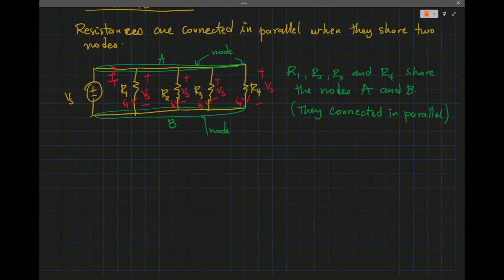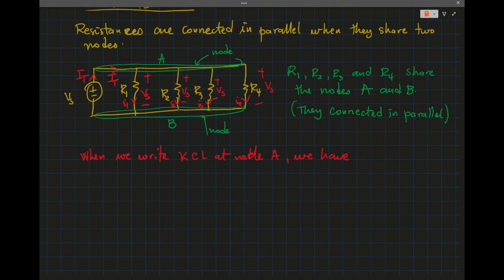Okay, so when we write KCL, Kirchhoff's current law at node A, the total current is the current that's flowing to the node, right?